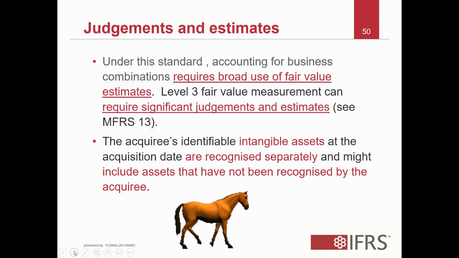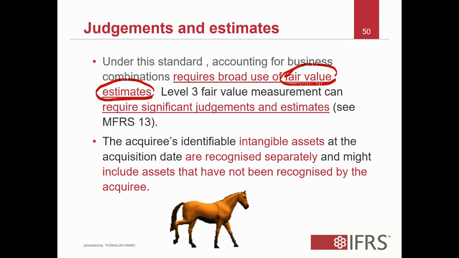So we are coming to the end of the slideshow for this MFRS 3. Under this standard, accounting for business combination, you need to use a lot of fair value estimates. That's why fair value for the NCI, fair value for the net asset, will normally require judgment and estimates.